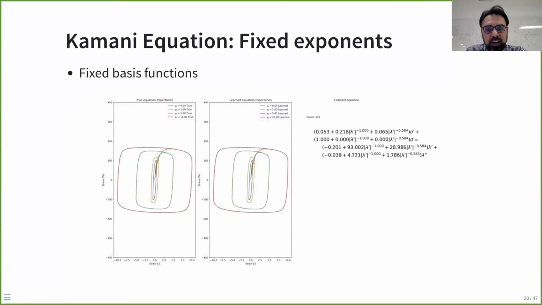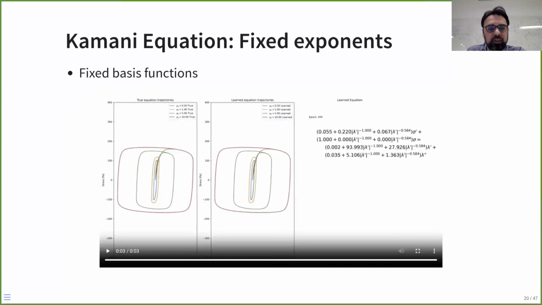So here's an example. In this case I fix the exponents. You have gamma prime, that's the derivative of the shear force, and I fix them to the true exponents. Then when I solve this, on the left-hand side is the true trajectory, and on the right-hand side I simulate what I learned.